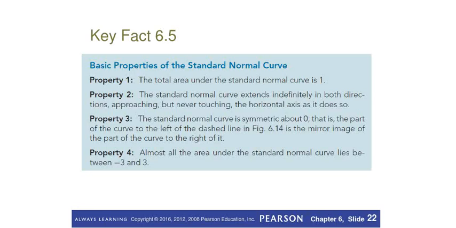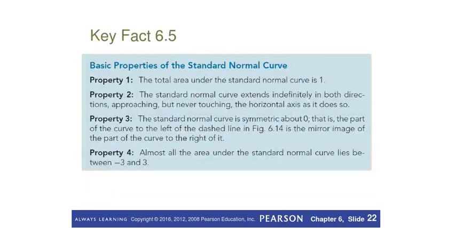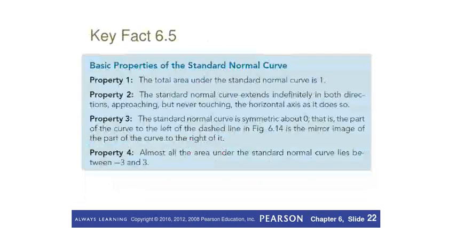Property 3, the standard normal curve is symmetric about 0. The part of the curve to the left of the dashed line in the next figure, 6.14, the part to the left of that z value, is the mirror image of the part to the right of it.